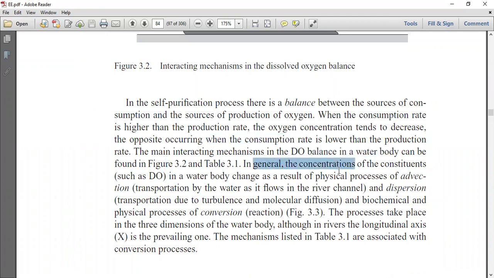In general, the concentration of a constituent in a water body changes as a result of the physical processes of advection and dispersion and the biochemical and physical processes of conversion. The processes take place in the three dimensions of the water body, although in a river, the longitudinal axis is the prevailing one.